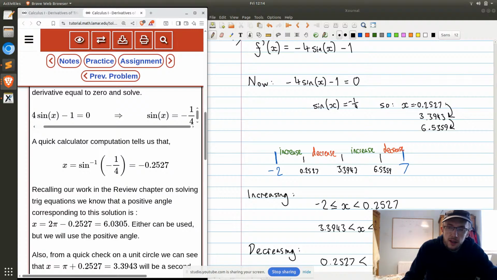And then there's another solution, isn't there? The other solution is negative pi, but it's that distance away. So that's when we get the 2.8889 thing.